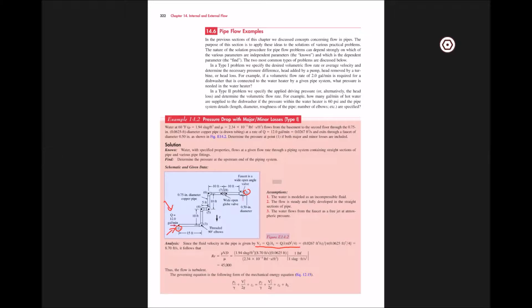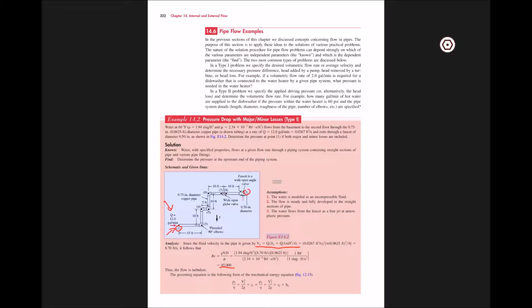That's also going to be the velocity throughout the pipes, because they all have the same diameter. So the Reynolds number is going to be 45,000. 45,000 tells me that it is a turbulent flow.